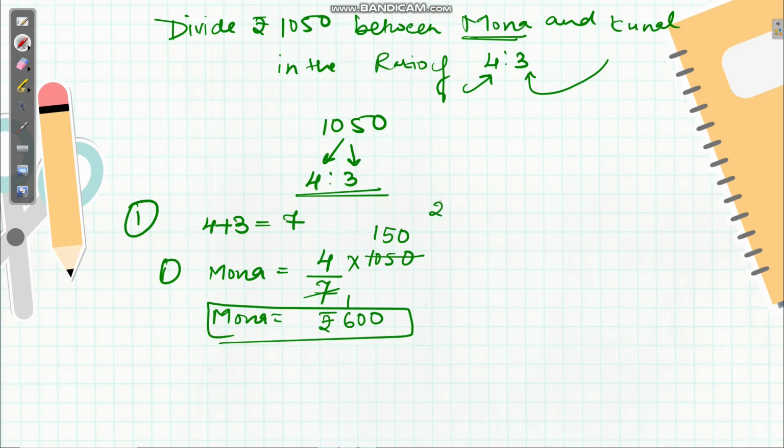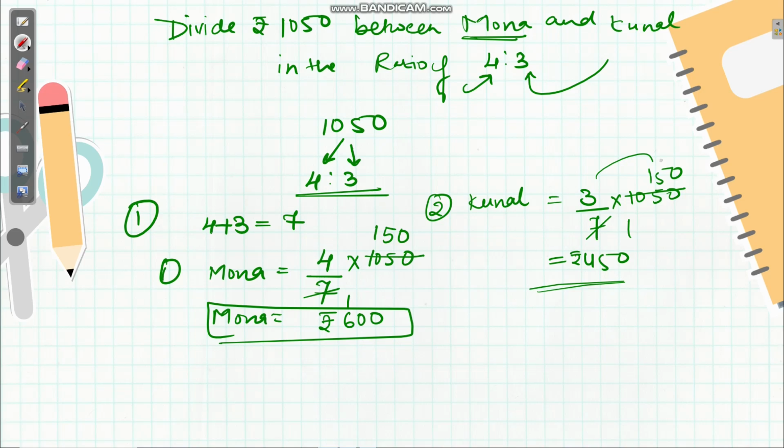Now let's find out what Kunal is getting. Kunal is getting 3 parts, because 3 upon the total of 7 parts, but of the entire money. Same thing, 7 ones are 7, 7 fives are 35, so 150, and 3 times 150 is 450. This is what Kunal is getting. But there's one more way to find the amount of Kunal. We knew the amount that Mona is getting, that is 600.